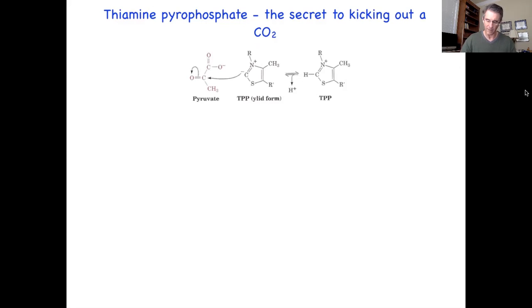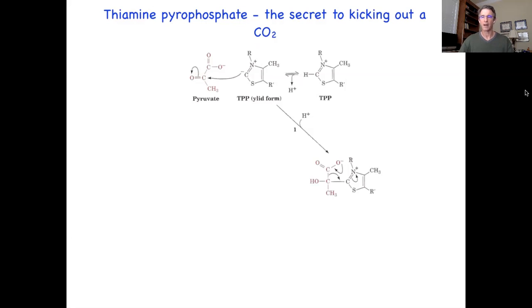And if you drive this with a little base catalysis here to populate that carbanion, it will then attack, in the active site of the enzyme, the pyruvate that is bound in just the right orientation, and it will go right after that carbonyl carbon, giving us an intermediate state where we push those electrons into the oxygen to form an alcohol group.